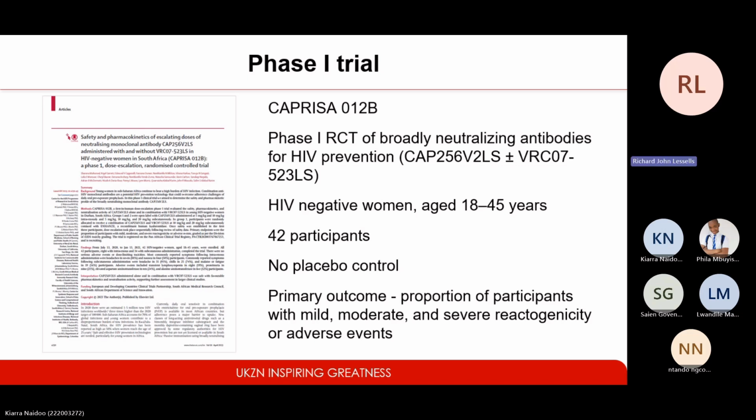So who can think of a serious side effect of the COVID vaccines? Any of the COVID vaccines? Life-threatening, okay, anaphylaxis, yeah.